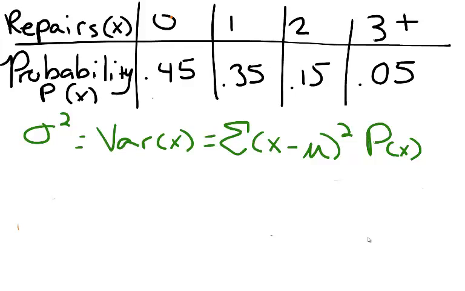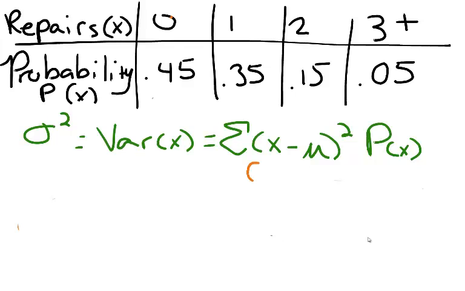All this means is that we're asked to calculate the sum of each random variable value minus the mean or expected value squared, then multiplied by its corresponding probability. We know that our expected value is 0.8 from the previous step.